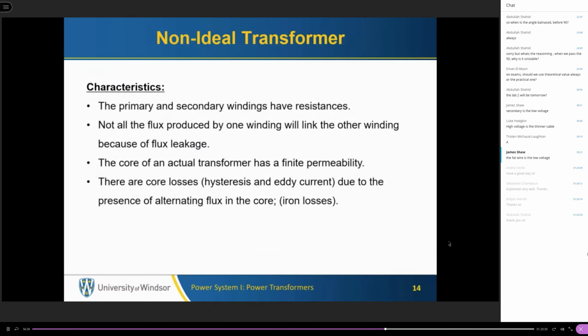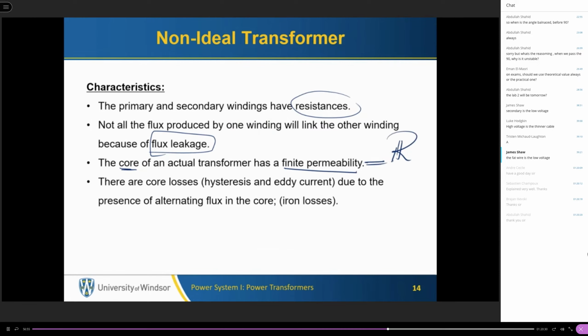Okay. Now let's look at non-ideal transformers. So what are the characteristics? The primary and secondary windings have resistance. Any coil has a resistance. There is flux leakage, of course. The core itself is not ideal. The core has finite permeability, so it has a reluctance.